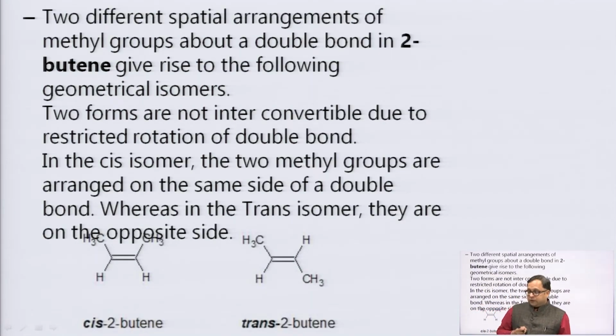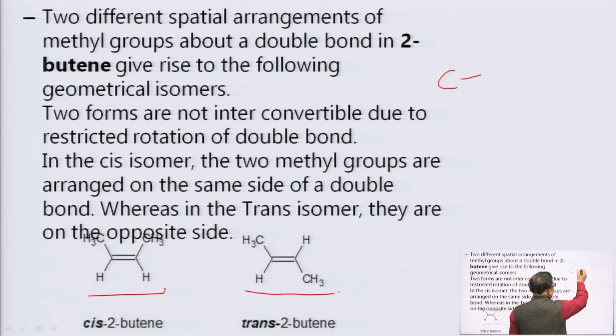So, two different spatial arrangements of methyl groups about a double bond in 2-butene. Let us discuss one more example, 2-butene.